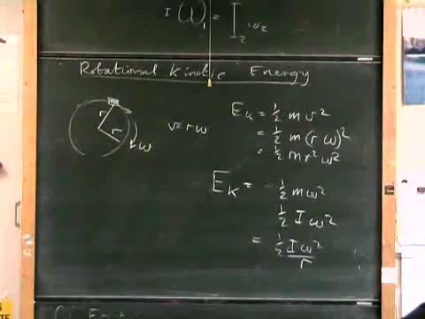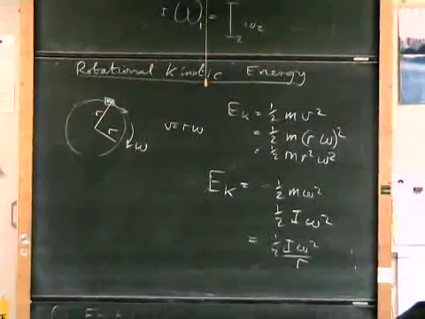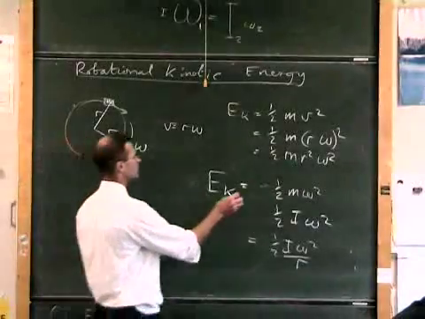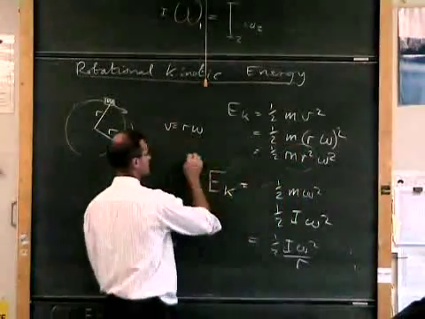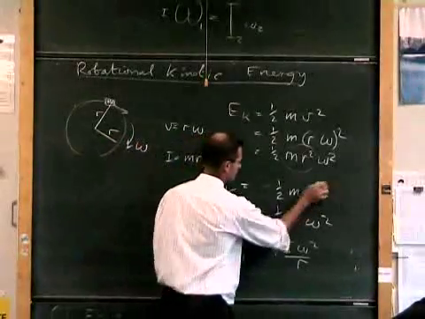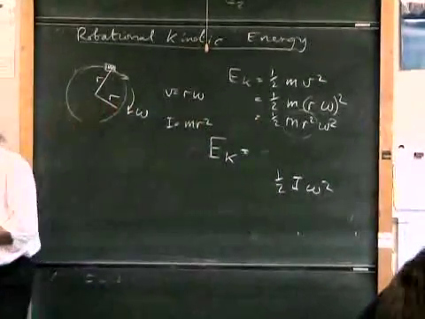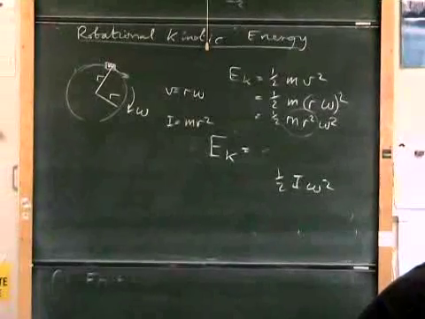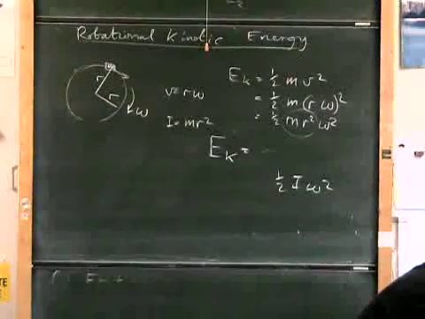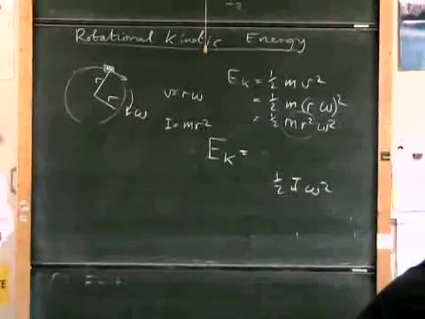mr squared for this system here is the moment of inertia. So you can replace mr squared by the moment of inertia. So Chris, you're absolutely right that for any system, you can go through a similar process involving integration over successively smaller hoops and things.